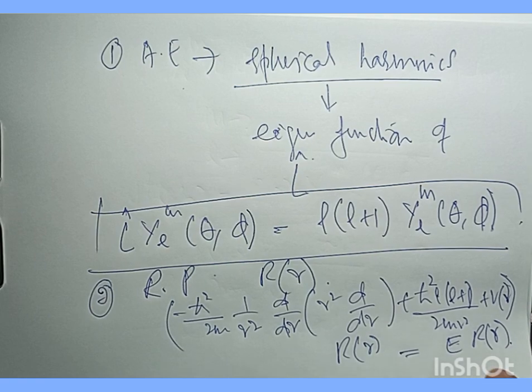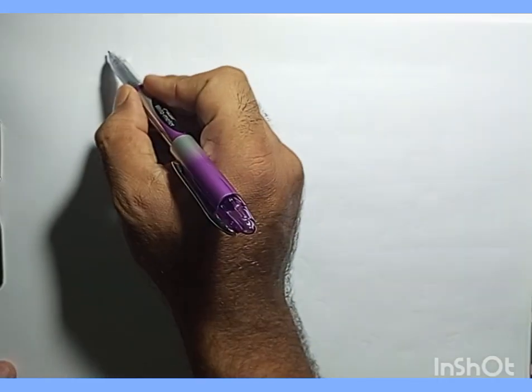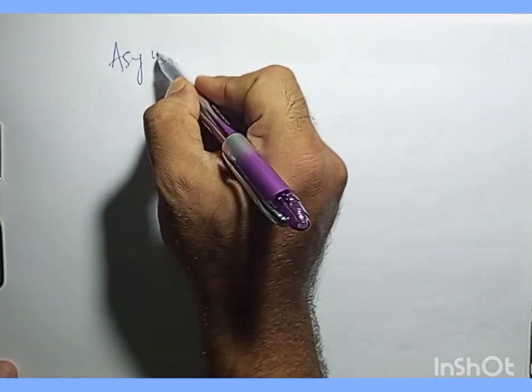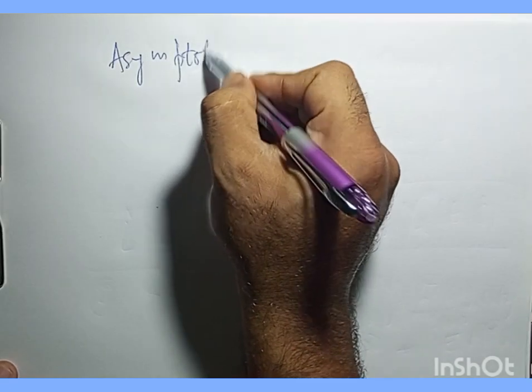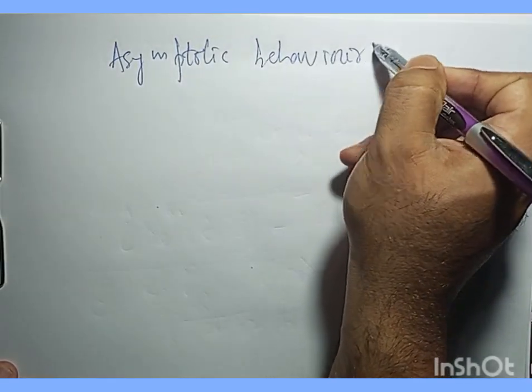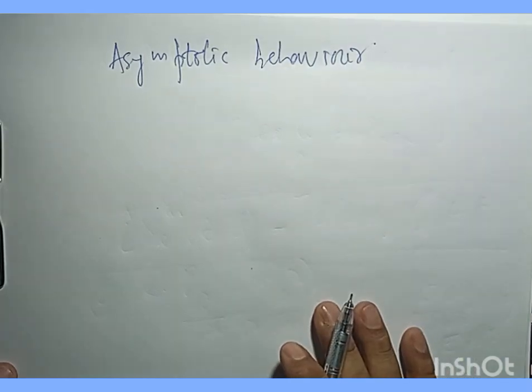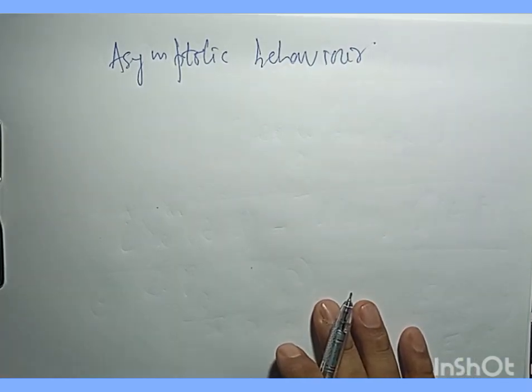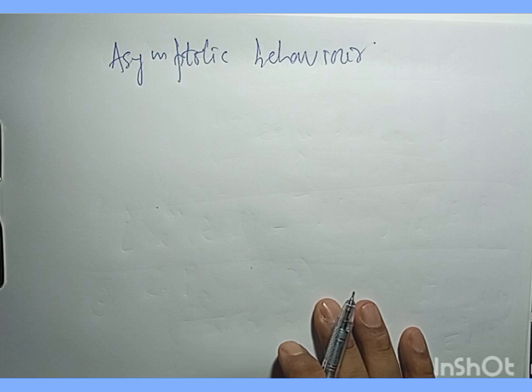Now, what is important here is that we have the asymptotic behavior. We exploit the asymptotic behavior and link it to our partial waves.